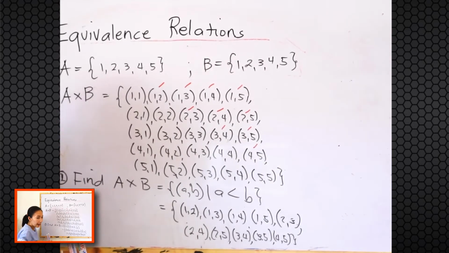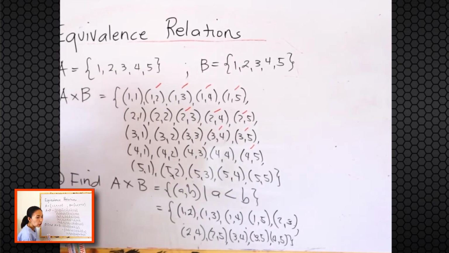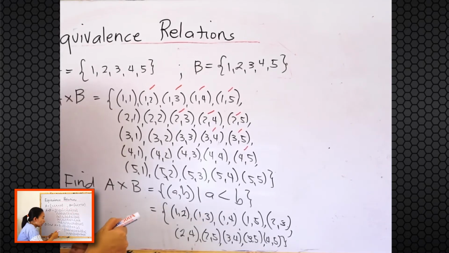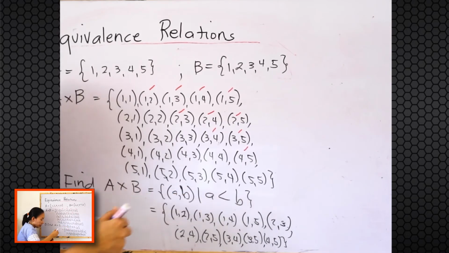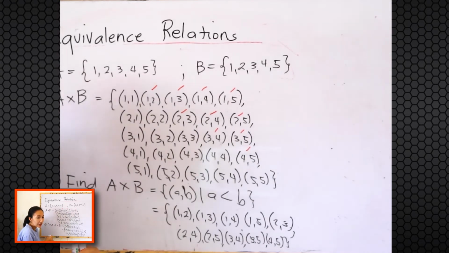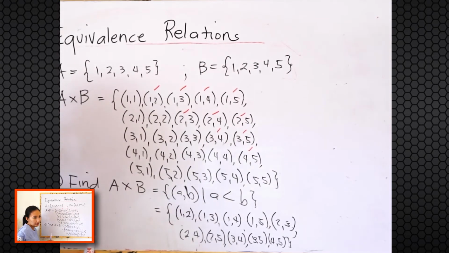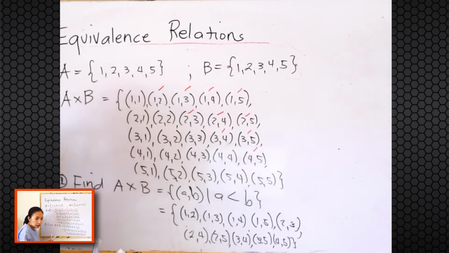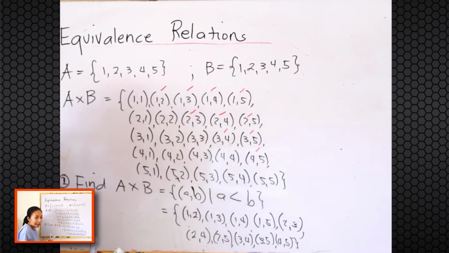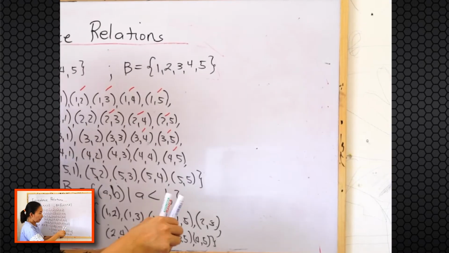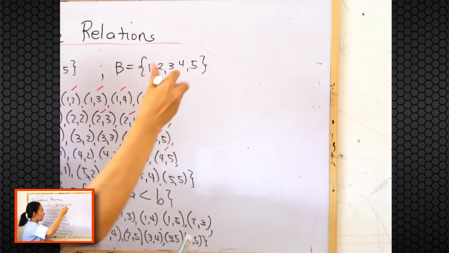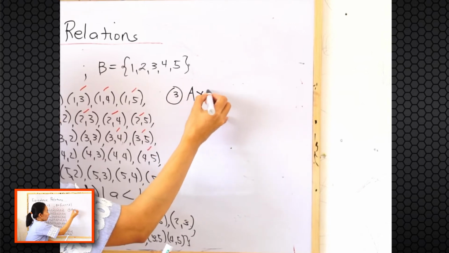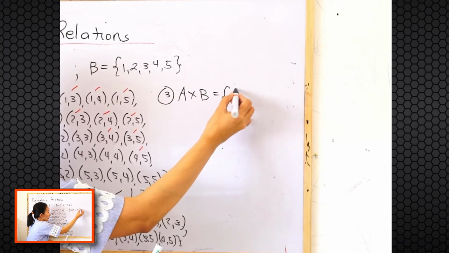How about A cross B, or the set of all ordered pairs (A, B) such that A divides B? Can you list them down? Set of all ordered pairs such that A divides B. Let me write that as number 3.